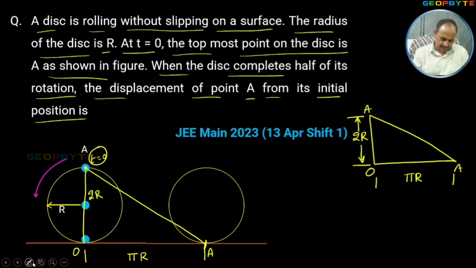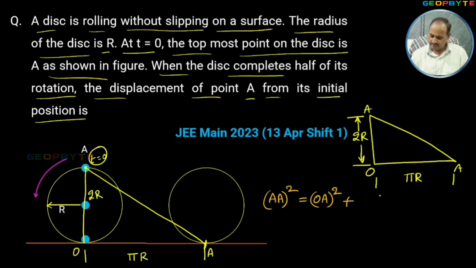Apply the Pythagoras theorem. AA square is equal to OA square plus this OA square, 2r whole square plus pi r whole square.